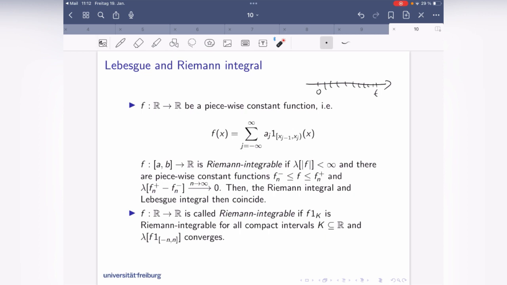And if you have piecewise constant functions, like this for example, then the integral is again similar to what we had for the simple functions. But the main difference is that the indicator here is really an interval, and for the simple functions, we had some measurable set, which is much more general.